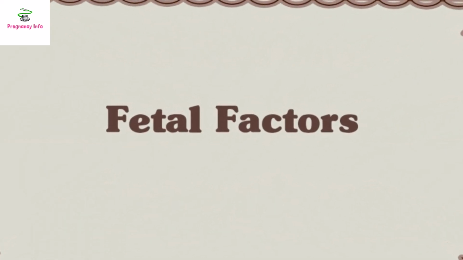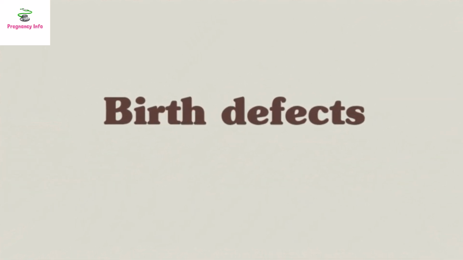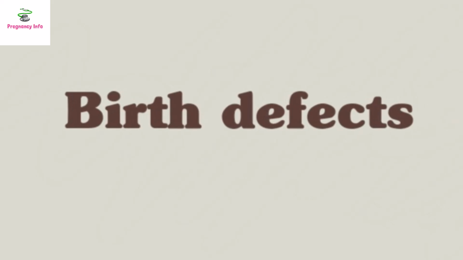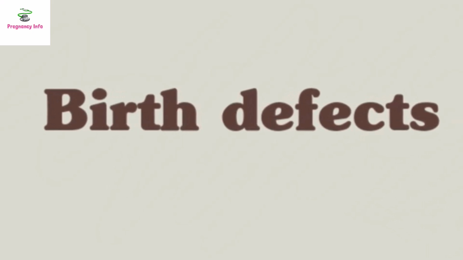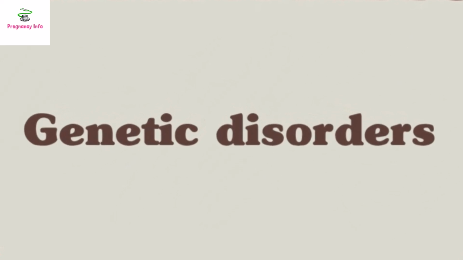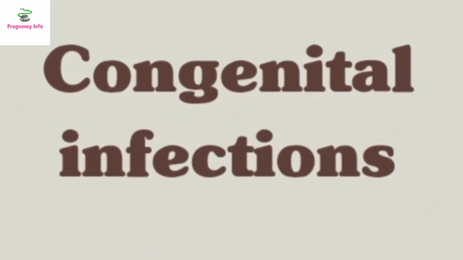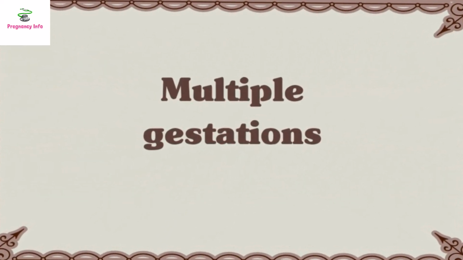Number 3, fetal factors. Certain fetal conditions can lead to IUGR. These include birth defects. Structural abnormalities such as heart defects can restrict fetal growth. Genetic disorders. Chromosomal abnormalities like Down syndrome may be associated with IUGR. Congenital infections. Infections acquired in utero can affect fetal development. Multiple gestations.